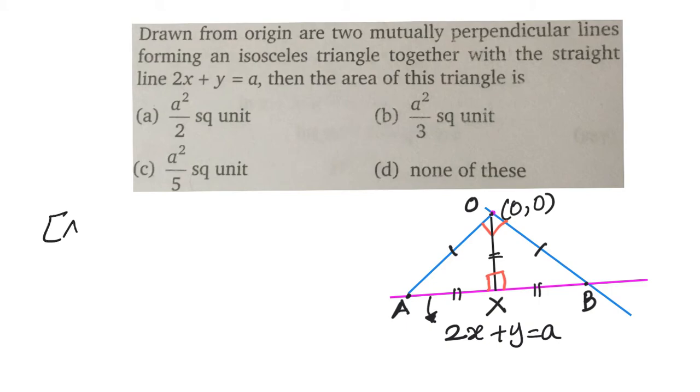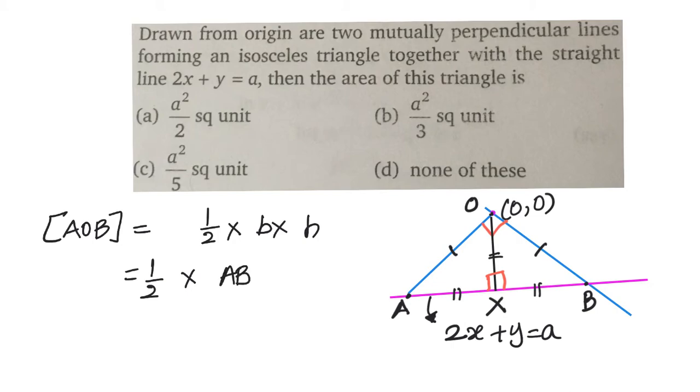But we know already AB is 2 times OX. That means the area of triangle AOB is nothing but OX square. And we can easily find OX. So just find OX and square it, we get our answer.